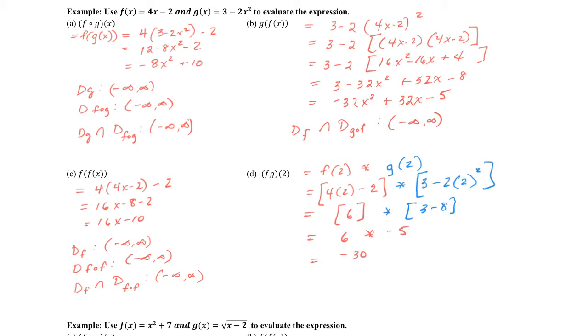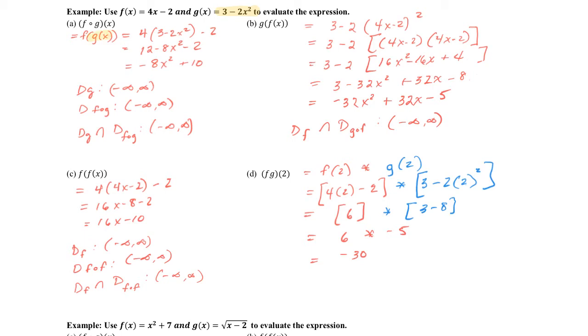So that's f of g of x. That means that everywhere within the f function that I have an x value, I'm going to substitute g of x. I know g of x is 3 minus 2x squared, so that's going to go inside my function for f of x.